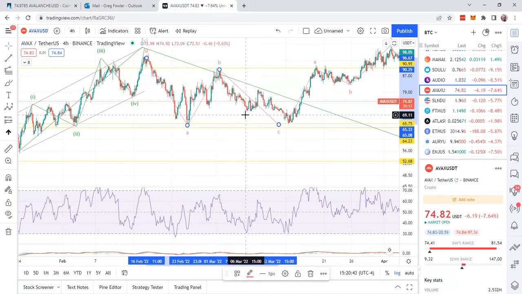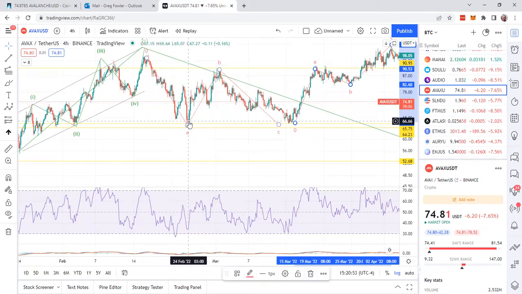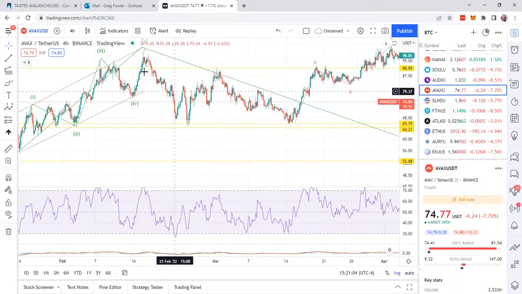And then this seems to be 3 though. So this is a 5, 3, and this is looking like 3. This has got to be a 3-wave move, guys. This has to be a 3-wave move right here, because that's not going to work.